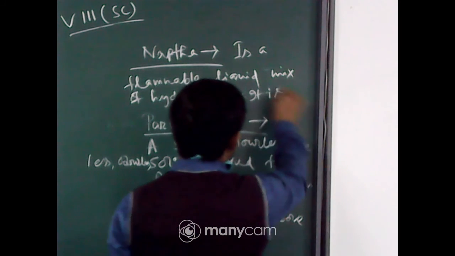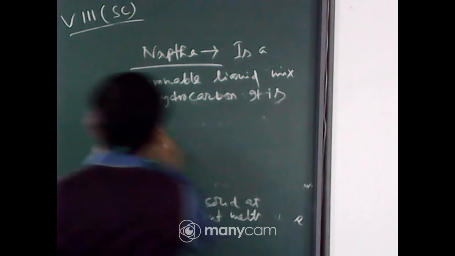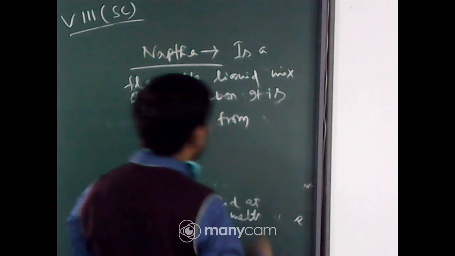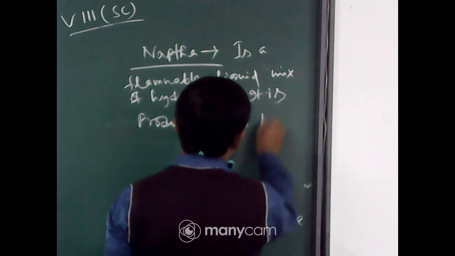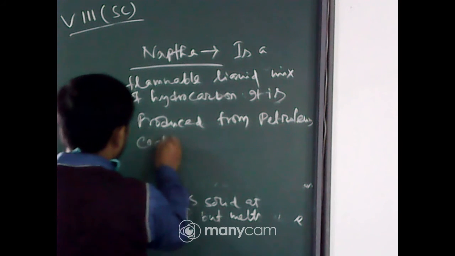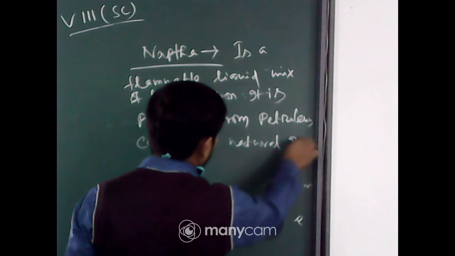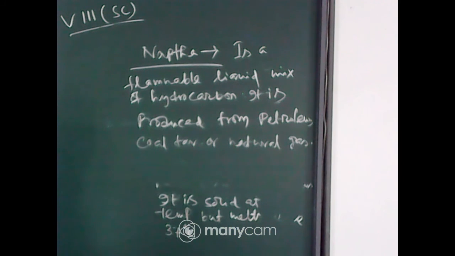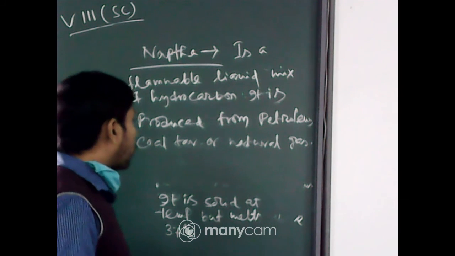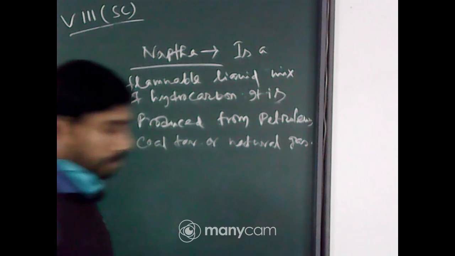It is produced from petroleum, coal tar or natural gas. Okay. So, naphtha is a flammable liquid mixture of hydrocarbons, produced from petroleum, coal tar or natural gas. Okay.